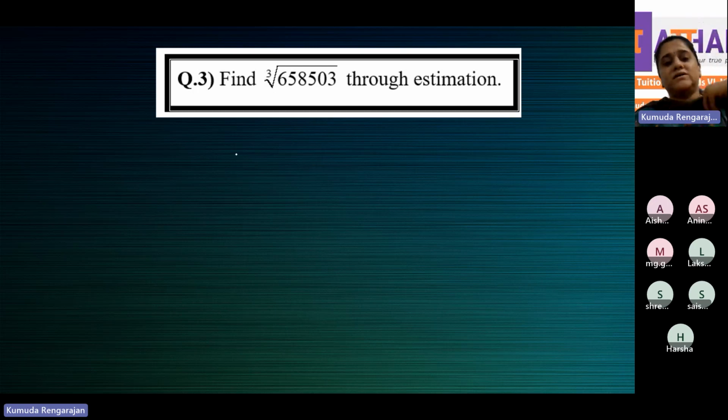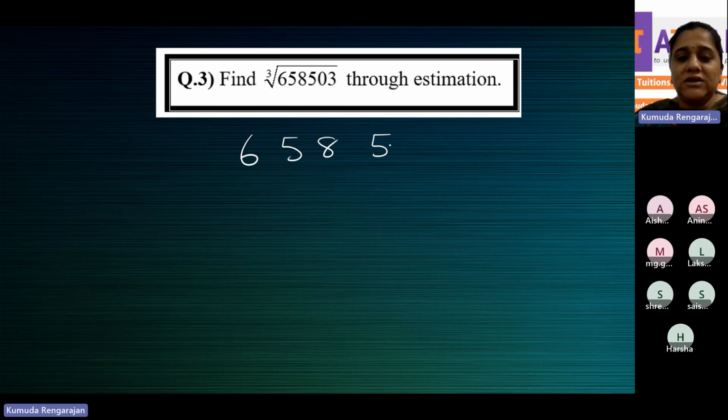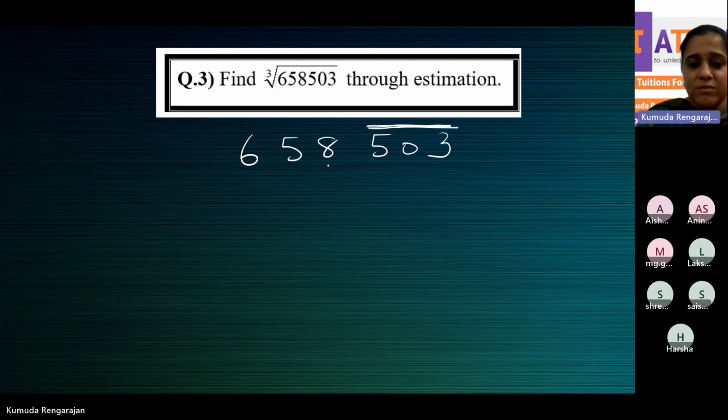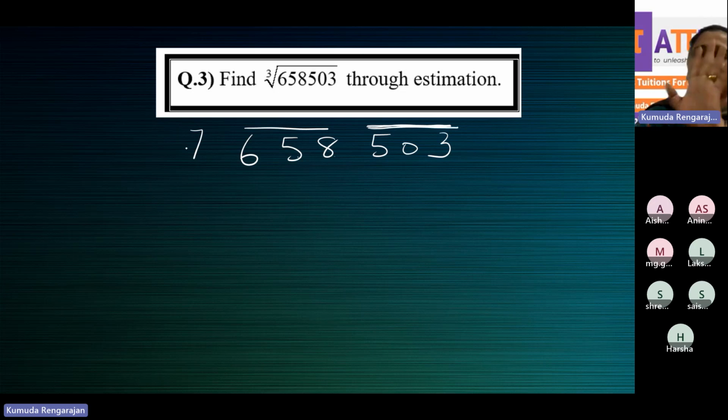So find the cube root of 6,58,503 through estimation. Group it in threes from behind. 503 makes a group, then 658 makes a group. If there were another number, it would stand alone.